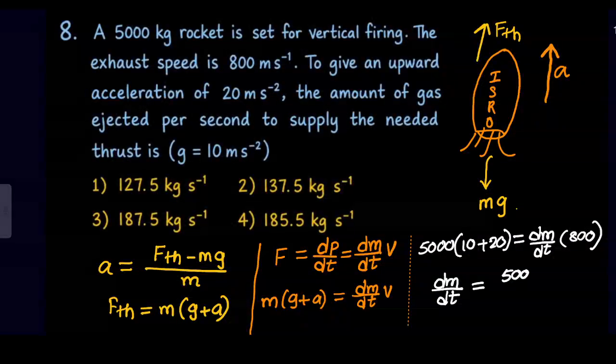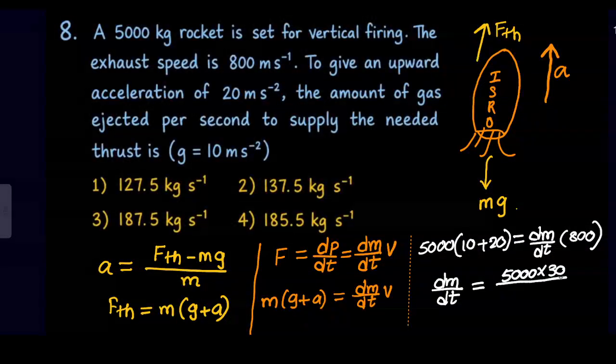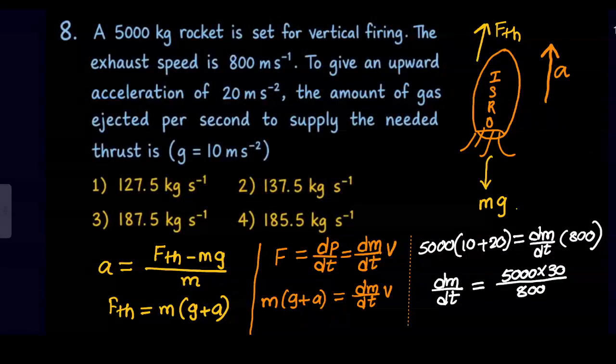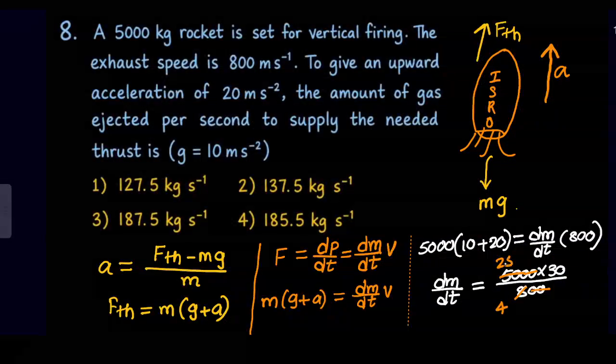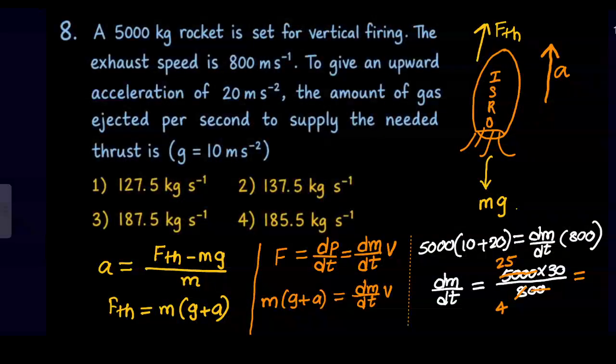This will come as 5,000 into 30 by 800. Now these two zeros will get cancelled. So this is 750 by 4.